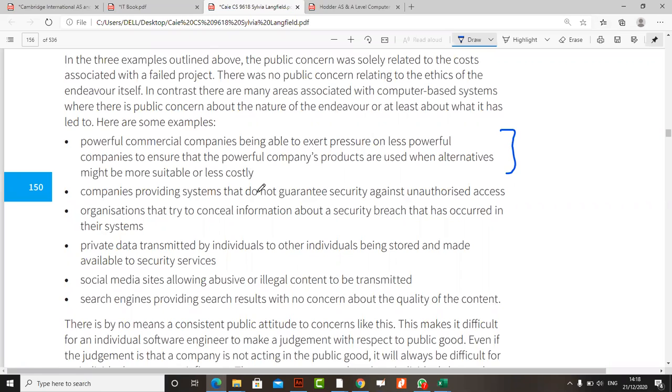So the second point, companies providing systems that... No, not that one, the first one, the security one. Oh, okay. Anyone can tell me, but anyone can think as well. Let's think of a good example.